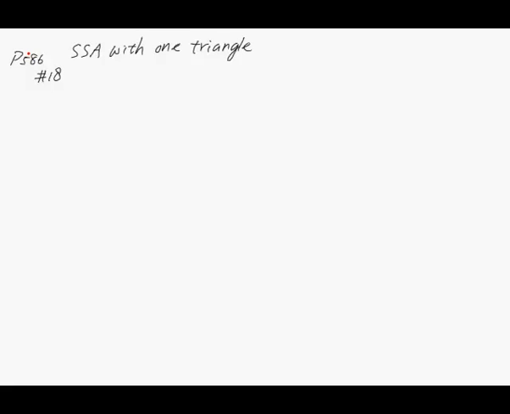In this problem 18, we have alpha equal to 75.3 degrees, and we have A equal to 12.4, and B is equal to 9.8. So first, we need to determine the number of triangles and then solve the triangle.